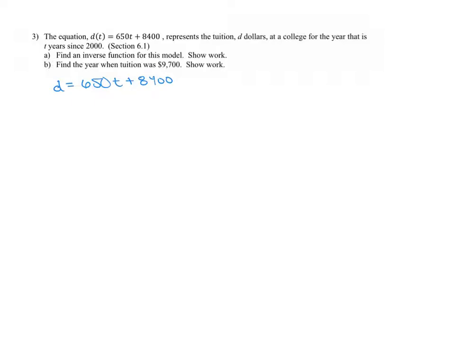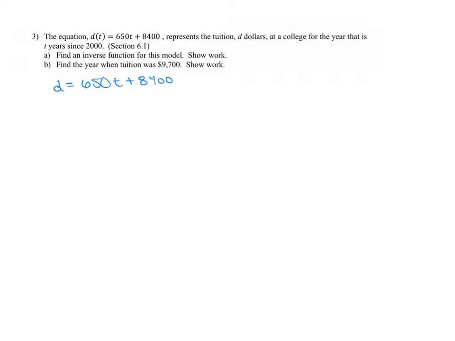Since we are working on a word problem, D represents dollars. T represents time. And so we do not want to switch our variables because then we're going to mix up which letter represents which. So we're going to leave it as D equals 650t plus 8400.